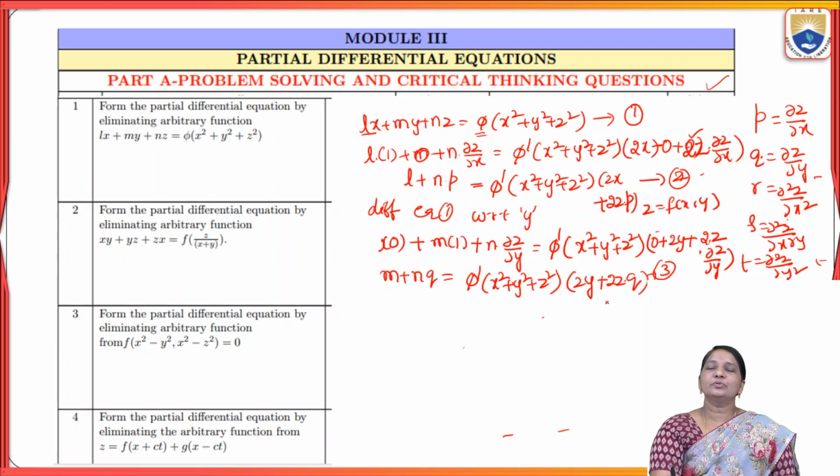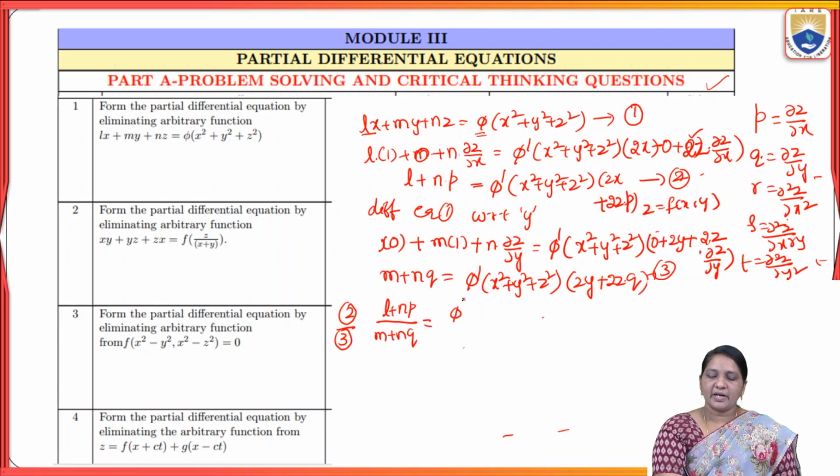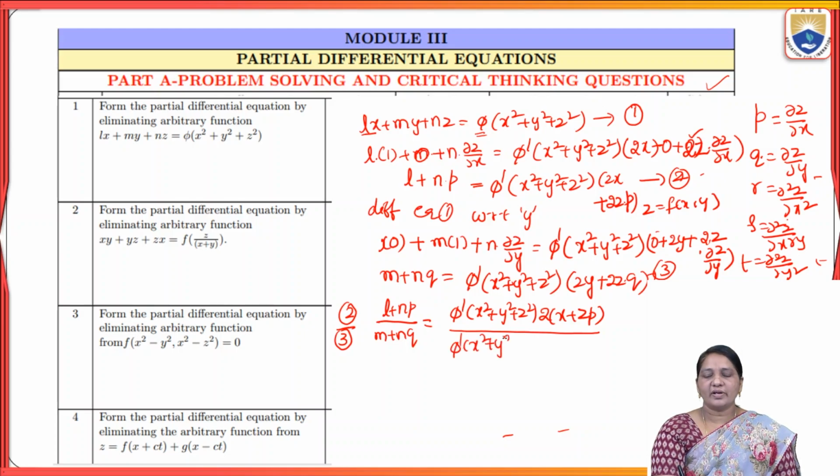Now I am going to simplify the second and third equations to get the PDE. I am doing the division here, 2 divided by 3. The second equation is L plus np by m plus nq, equal to phi dash of x square plus y square plus z square into, taking the 2 common, 2 into x plus zp, divided by phi dash of x square plus y square plus z square into 2 into y plus zq.